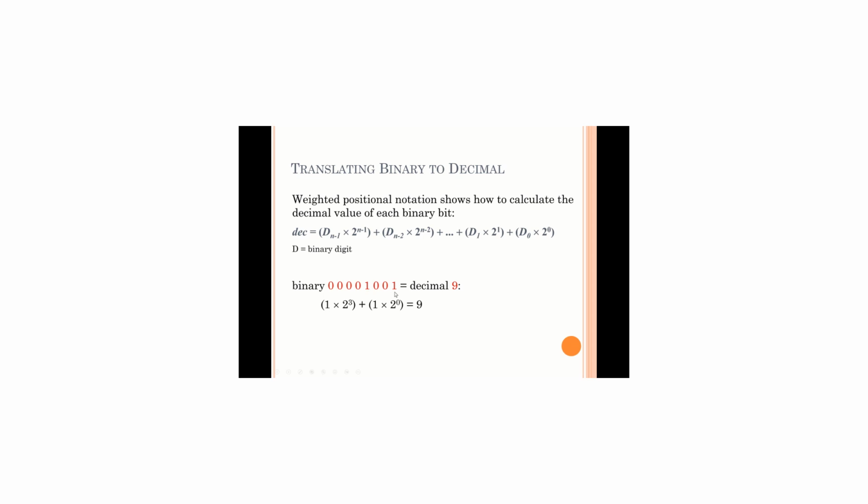It's 2 to the power of 0, power of 1, power of 2, power of 3. So it would be 1 multiplied by 2 to the power of 3 plus 1 multiplied by 2 to the power of 0, which is this number. And you can also ignore zeros in the middle, right? And you add these two numbers up. This is 8, this is 1. Then this binary number represents number 9 in decimal.